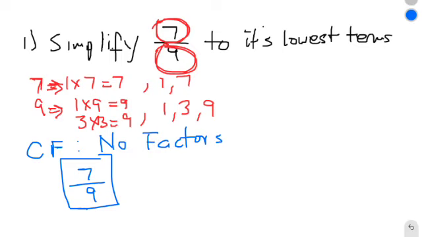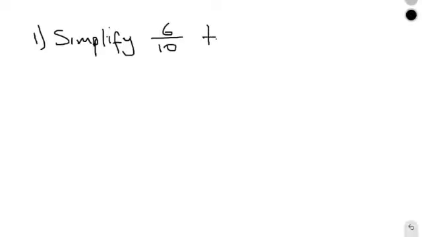Let me just do one more example that can be simplified to its lowest term. So let's just say we want to simplify, how about 6 over 10? Okay, simplify 6 over 10 to lowest term.